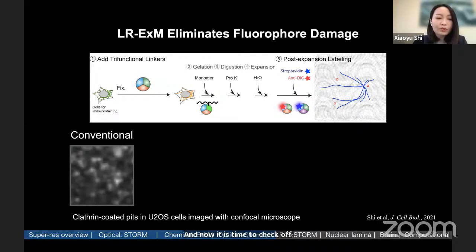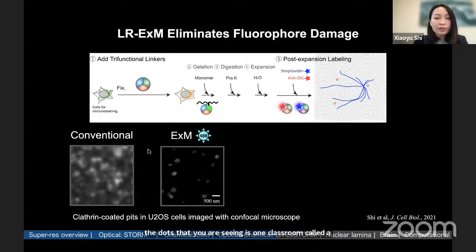The system we use to validate our result is clathrin-coated pits in U2OS cells. The size of clathrin-coated pits is from 100 nanometers to a couple hundred nanometers. So with conventional microscopes, you cannot see the hollow structures of the clathrin-coated pits. Each of the dots that you are seeing is one clathrin-coated pit.